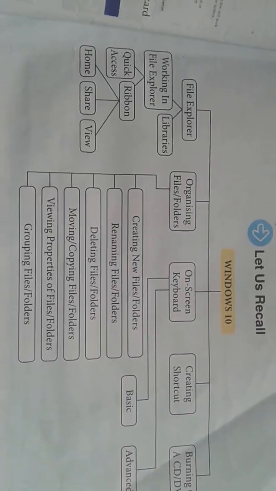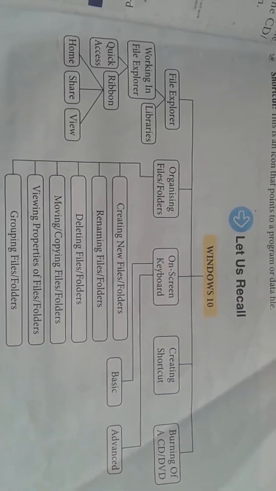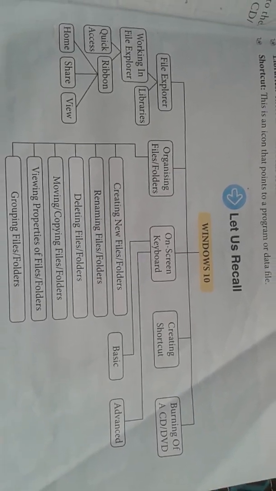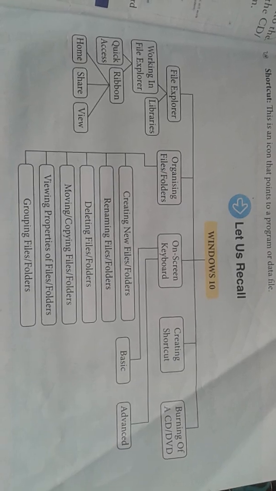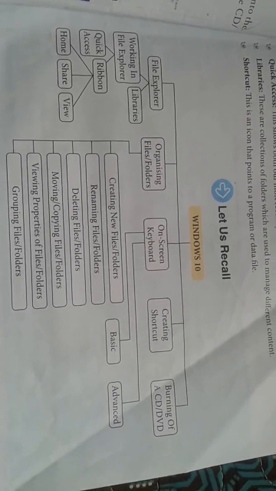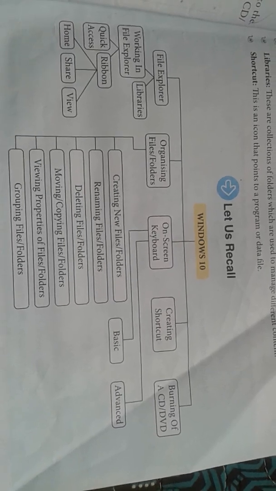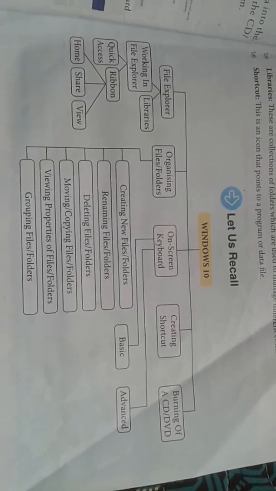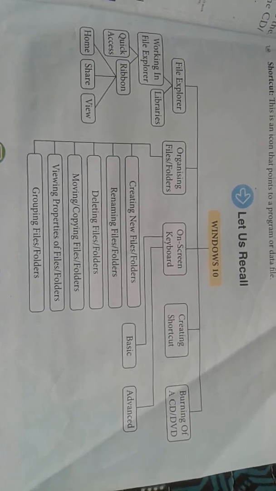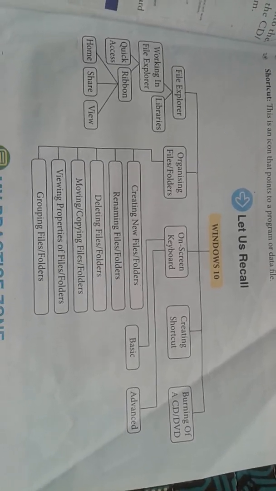Renaming files and folders. Sometimes we generate files and they are automatically saved under a default name, like Sheet 1, Sheet 2. After some time, if you want to change the name, first of all we have to select that particular file.